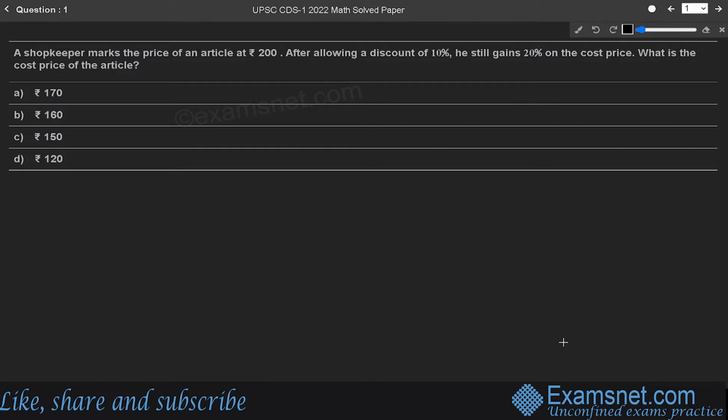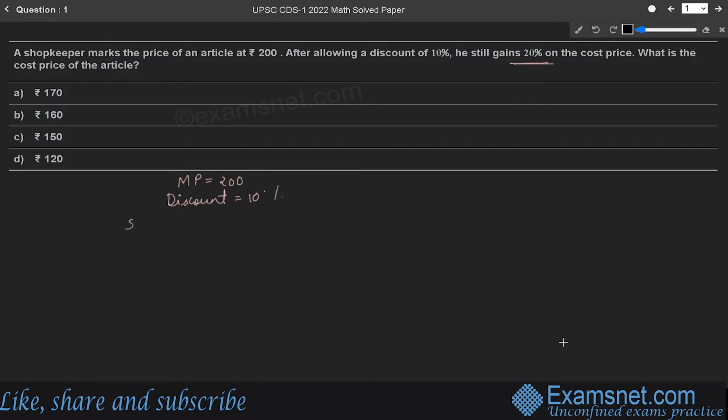It is given that the marked price of the article is 200. So we can write that MP is equal to 200 and the discount is 10%, and it is also given that the gain is 20% on the cost price.